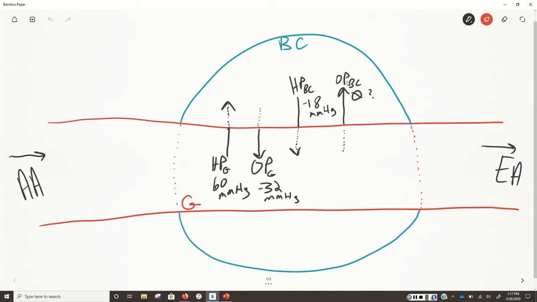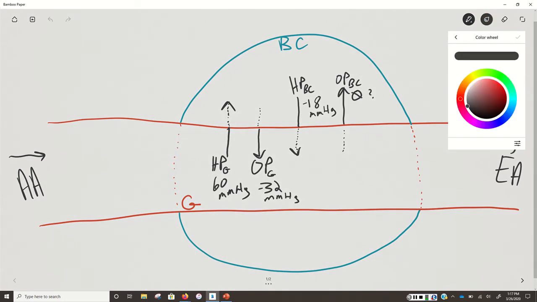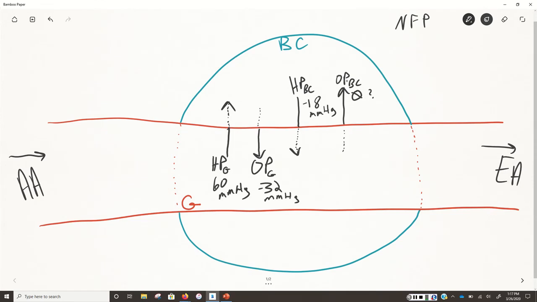Now, if we add all of this up, everything together, we get our net filtration pressure, or NFP. And net filtration pressure of Bowman's capsule is 10 mmHg.